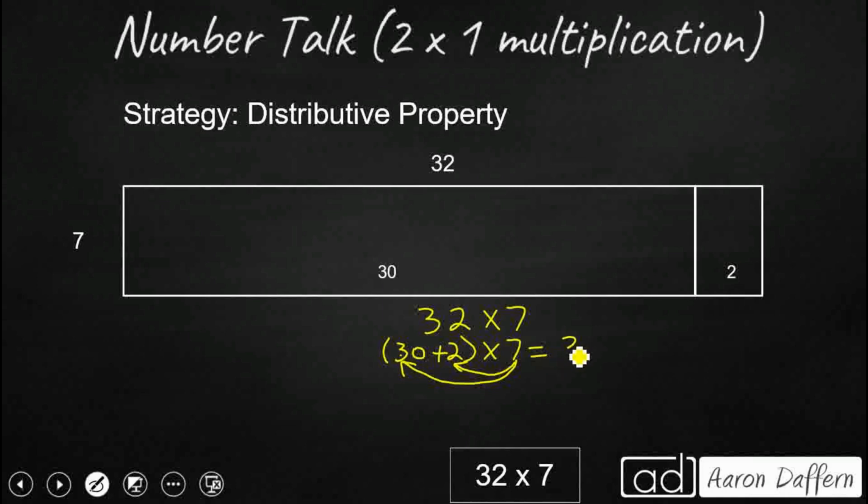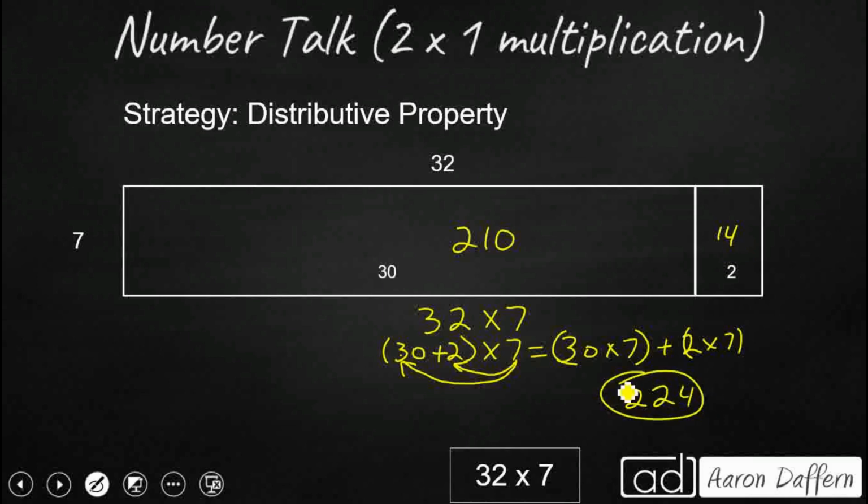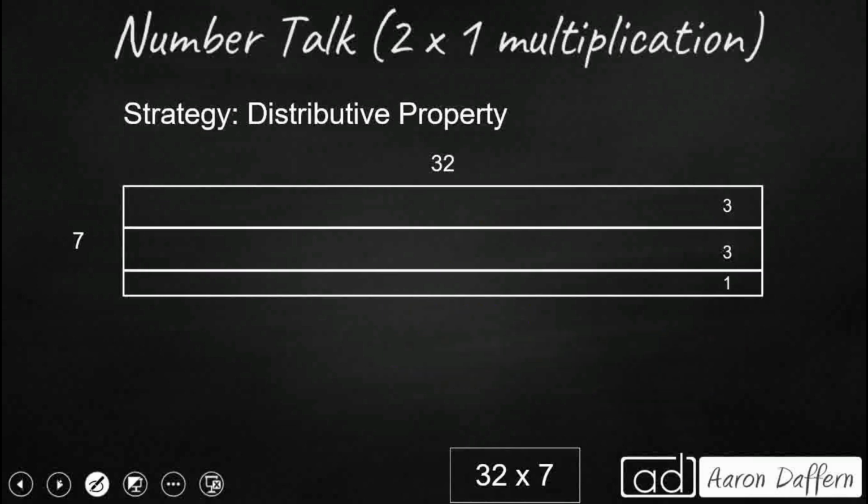So 30 times 7, that's 210. Now we've got our 2 times 7, that's easy, that's 14. So that's going to get us, once again, our 224.